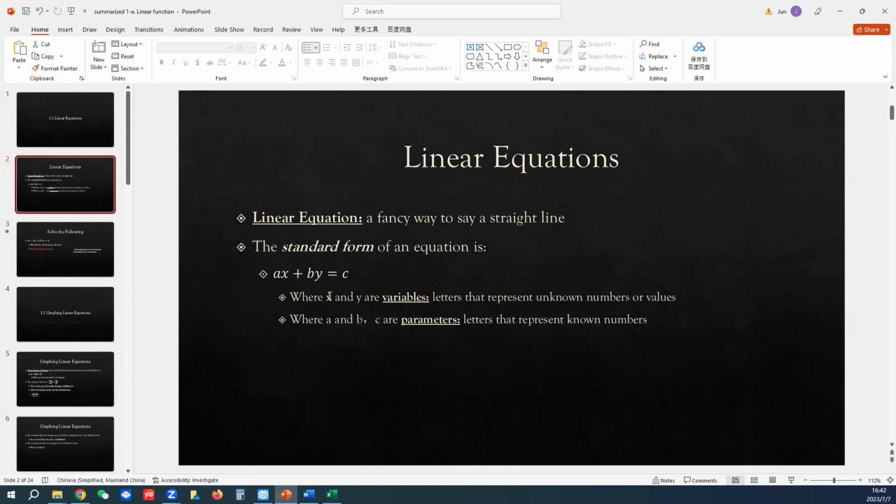But x and y, they stand for a series of numbers. X could be 0, x could be 1, could be 2, could be anything, and correspondingly we will have a wide range of y as well. So that's how you perceive this.